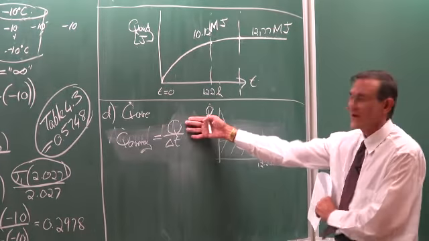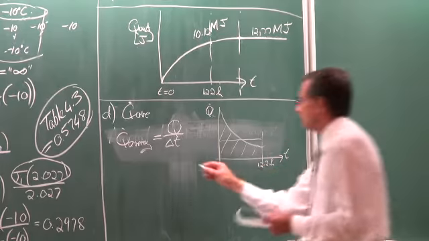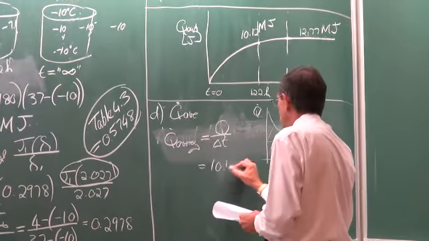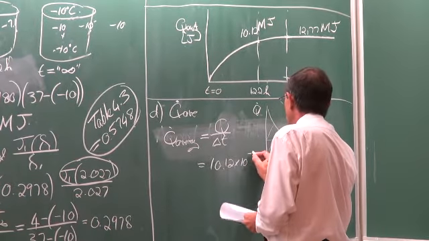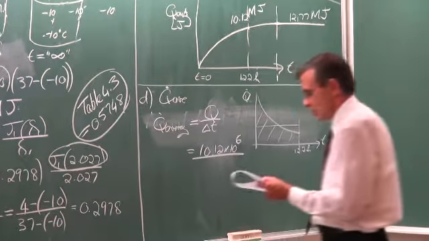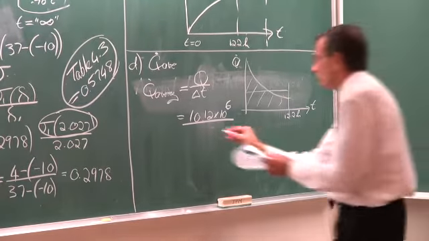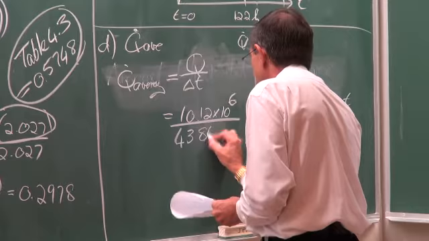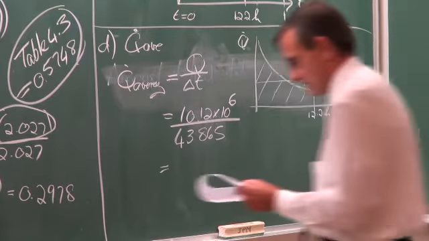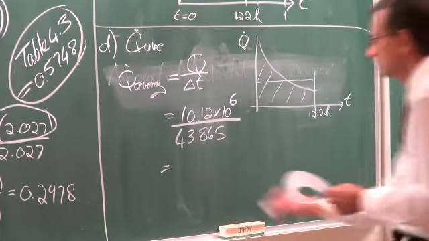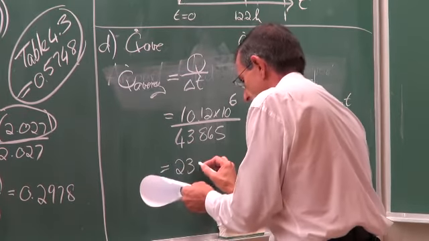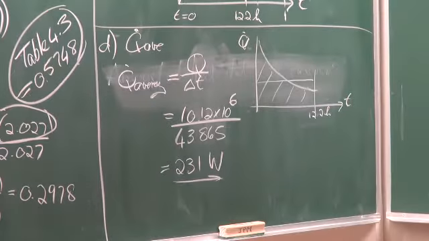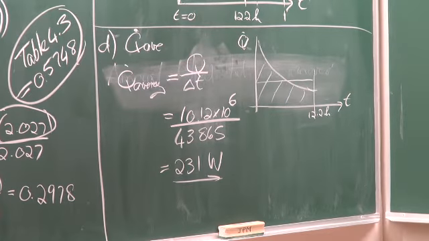That means the total, 10.12 megajoules, divided by delta T, which is 12.2 hours or 43,865 seconds. And that would then be 231 watts of heat on average that is being removed.